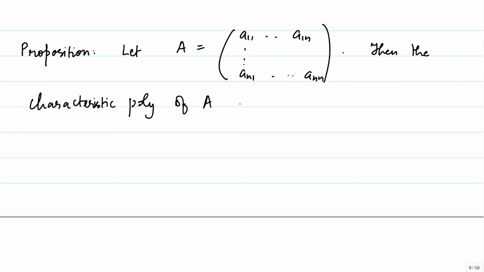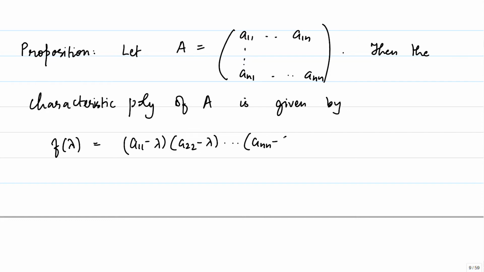The polynomial of A is given by f of lambda, which is equal to (A11 minus lambda) into (A22 minus lambda), the product up to (Ann minus lambda), plus g of lambda. So, notice that I am again treating it as a polynomial in the indeterminate lambda. And what is g of lambda? Where g of lambda is a polynomial of degree at most n minus 2.